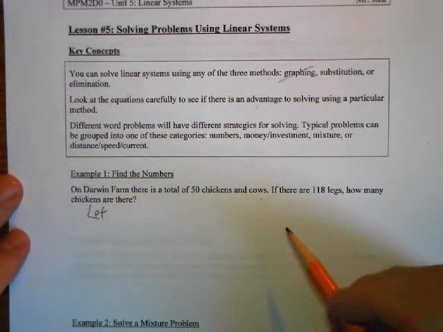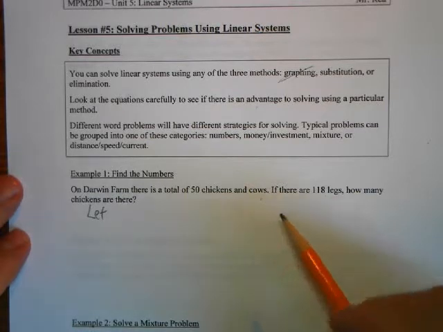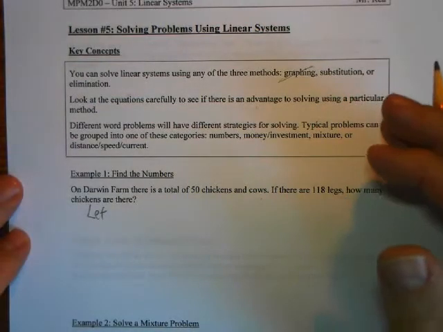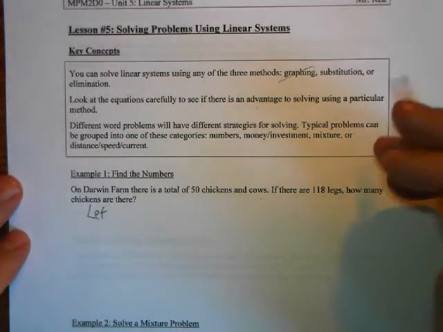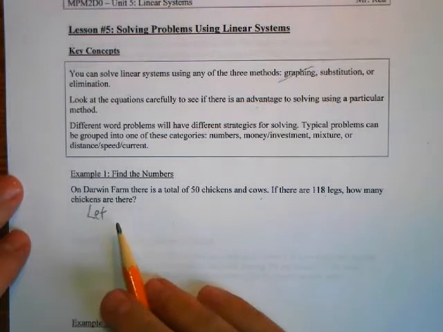Sometimes I'll use x and y, but I think when you're doing word problems, it's a real advantage if you can use variables that relate to what they represent. X and y can get a little boring, and it doesn't necessarily give you a lot of information. So I'm going to be a little bit creative here. If you want to stick with x and y all the time, that's fine. You can use any variables you want.